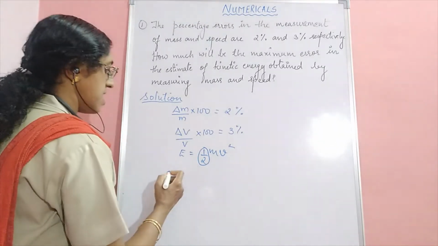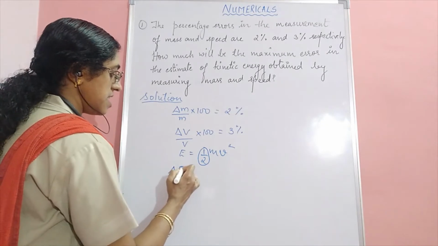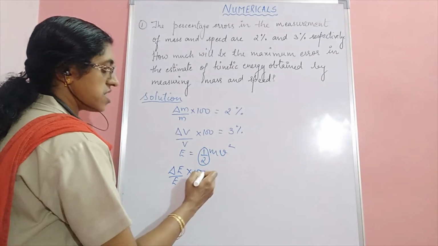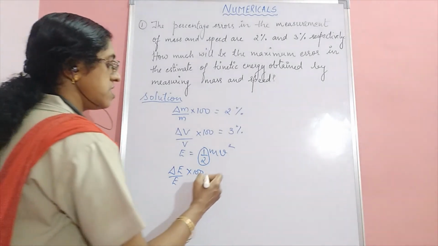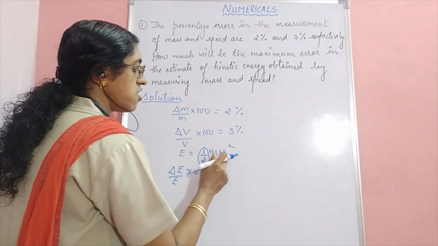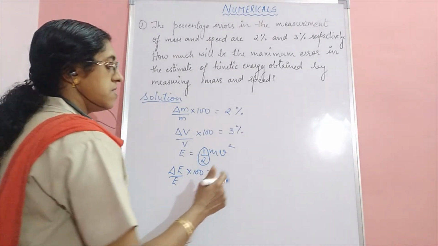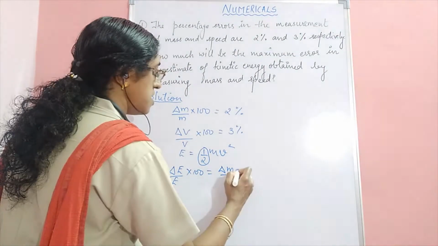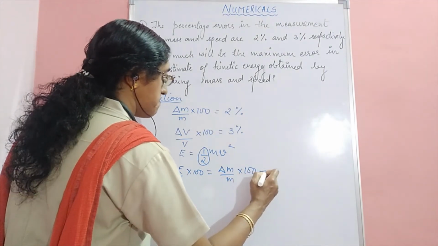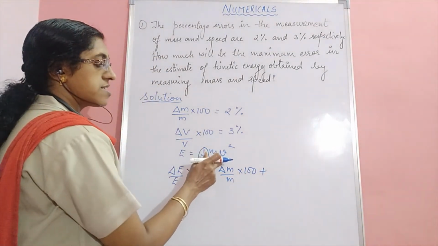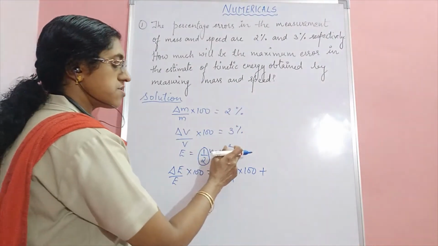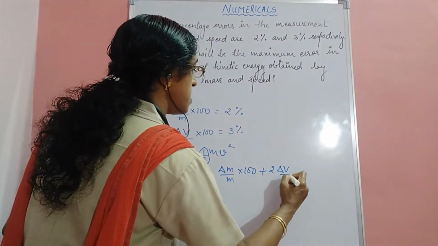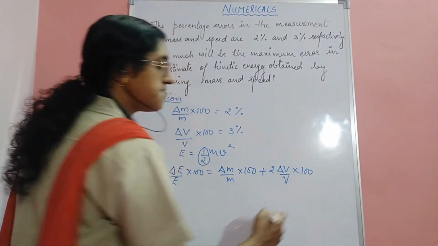Now, for that, I'll write delta E by E into 100, that is the percentage error in kinetic energy, will be equal to, since it involves the product of two terms, delta m by m into 100 plus, now it's the error involving powers, so 2 times delta v by v into 100.